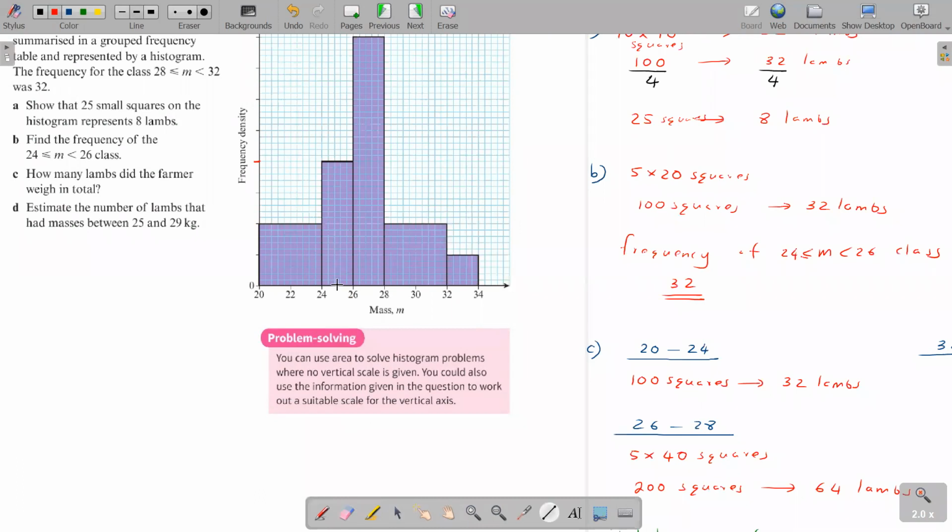So where is 25? 25 is exactly in the middle of 24 and 26, right? Okay, so between 25 to 29, 29 is exactly in the middle of 28 and 30, isn't it? So I want to find the frequency in these bars. Guys, are you with me?